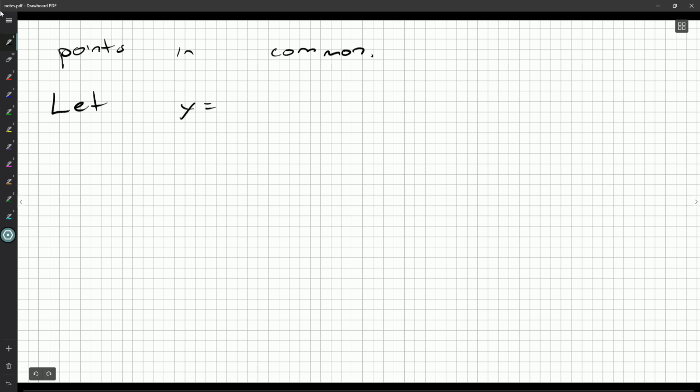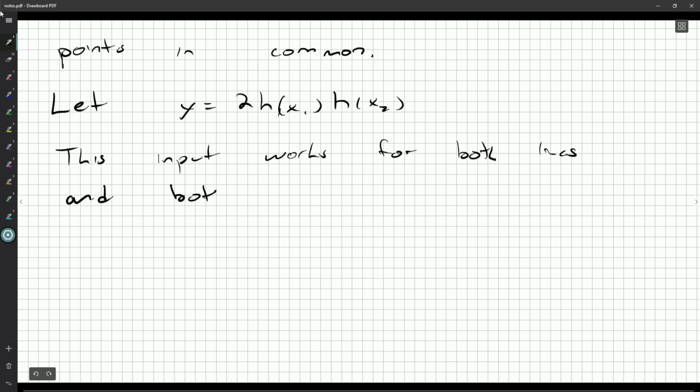So let y be, let's say, 2h x1, hx2. This input works for both lines, and both have output h of 2 h1 or h of x1 h of x2.